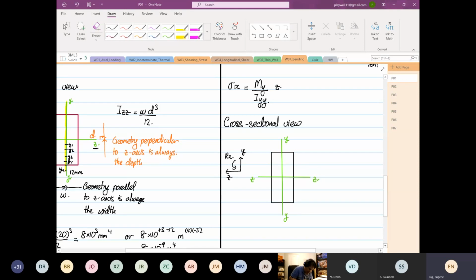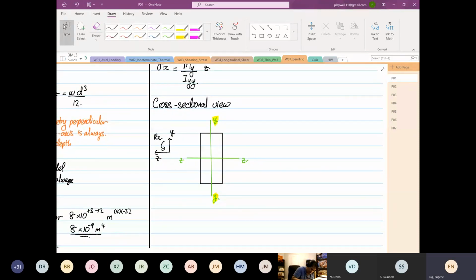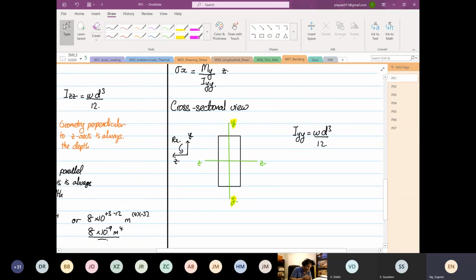So now the thing is, we are interested in finding what is our Iyy. If you look at the Iyy formula, it did not really change. So Iyy is equal to width times depth cubed, divided by 12.